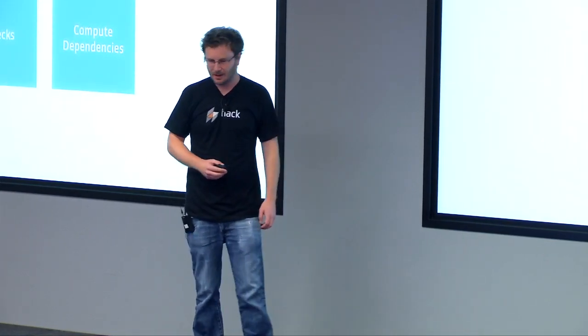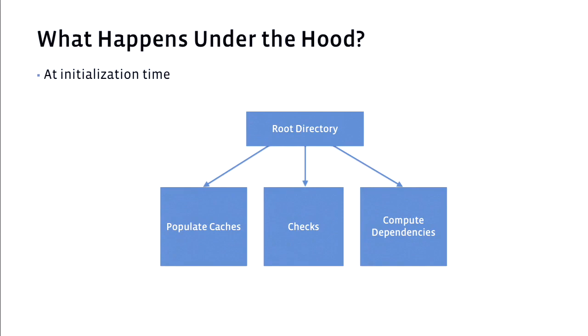So, a couple of graphics showing what's going on. When you start the server for the first time, it takes your root directory and basically does all these things. It populates the caches. Basically what it does is that it keeps a version of the types, of the trees that it needs to do the computation. It does all the checks and computes all the dependencies.